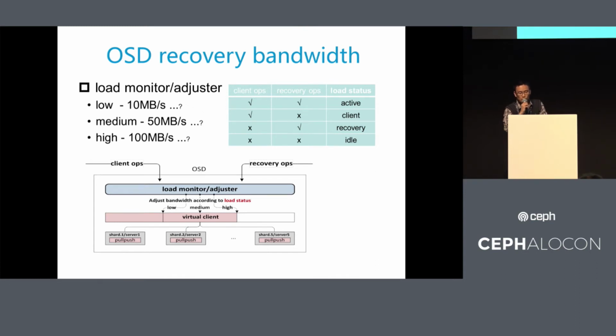Then we get 4 load states. Active, that has both client OP and recovery OP. Client, that has client OP only. Recovery, that has recovery OP only. And idle, they have neither of them. So according to the load status, they select different recovery bandwidth levels. That's the lower, middle, and higher level.